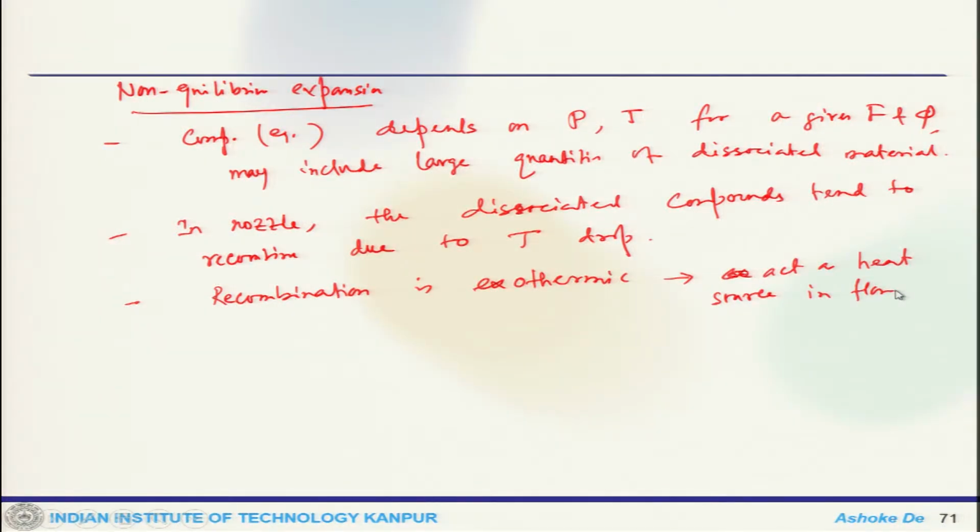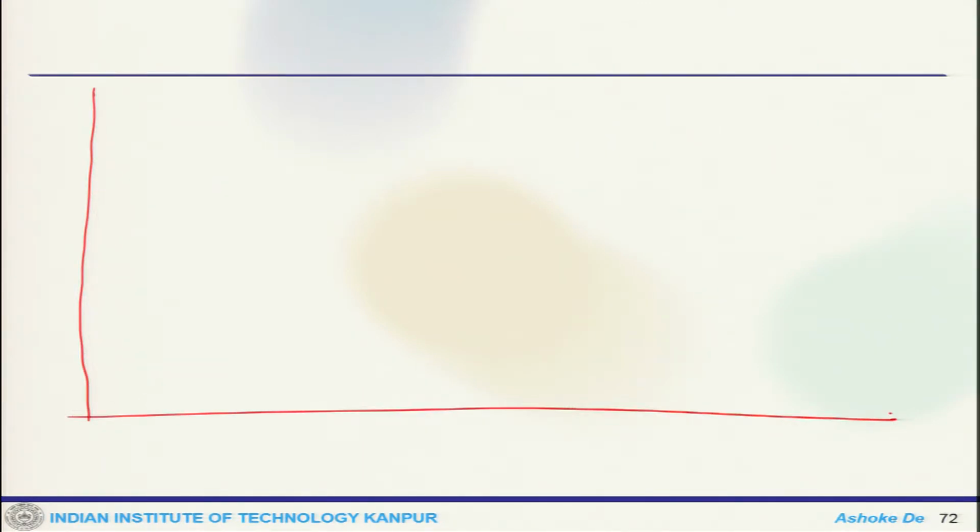Now, we can see how this dissociation energy is before and after the equilibrium expansion. We take an example of, let us say, an H2/O2 mixture and see how that affects it. Let us say we put a diagram here, with an axis of 20, 40, 60, 80, 100.